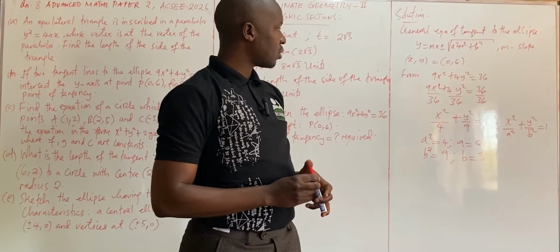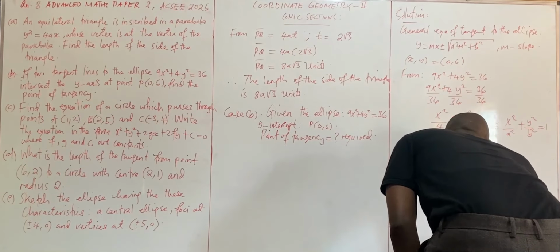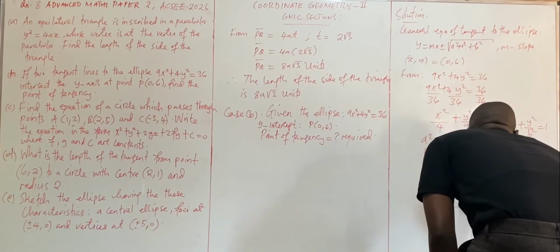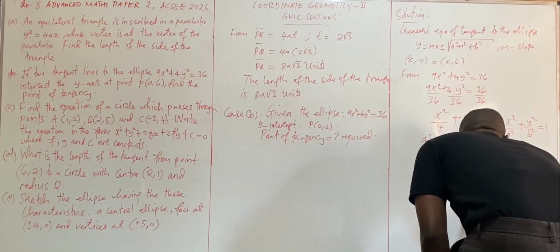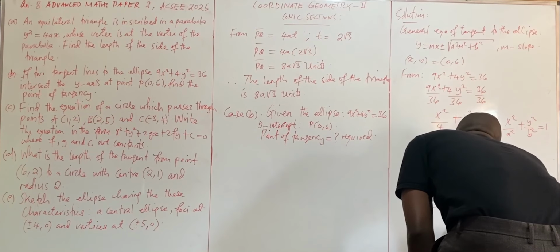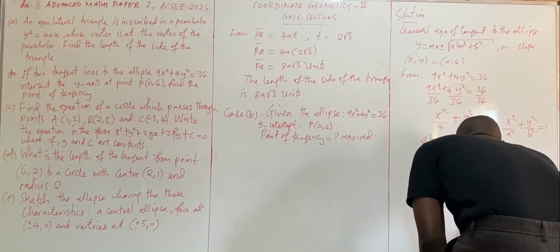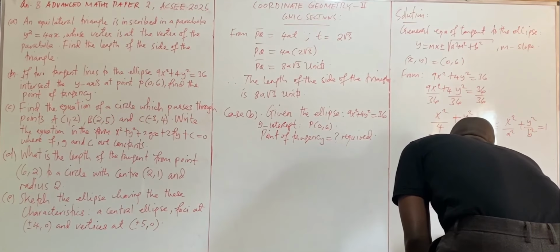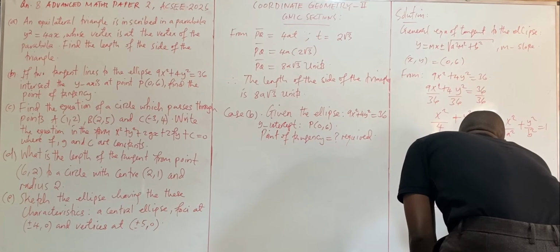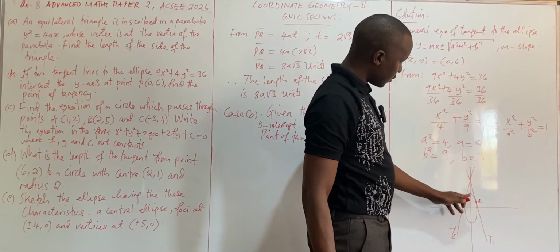If you try to draw this diagram, here is the ellipse, and these are the tangent lines: tangent line 1 and tangent line 2. As you can see where they touch, these are the points of tangents, maybe you can call them Q and Q dash.